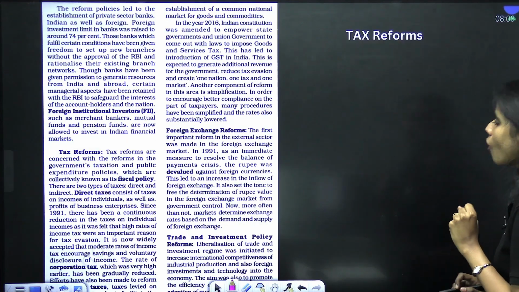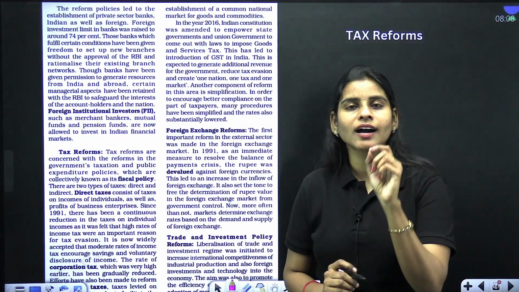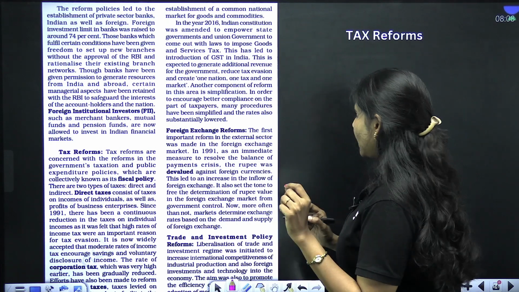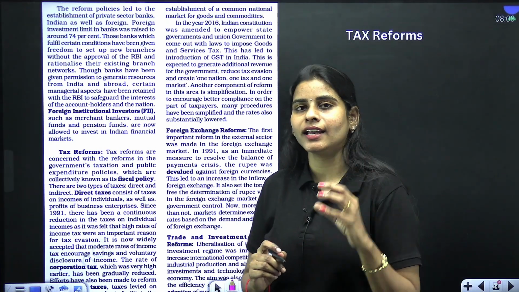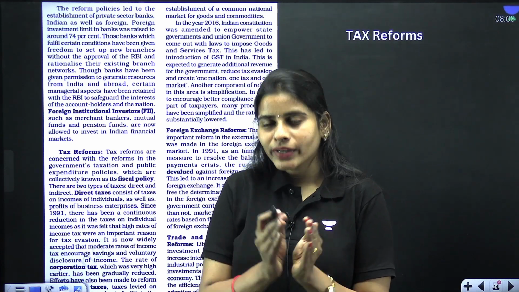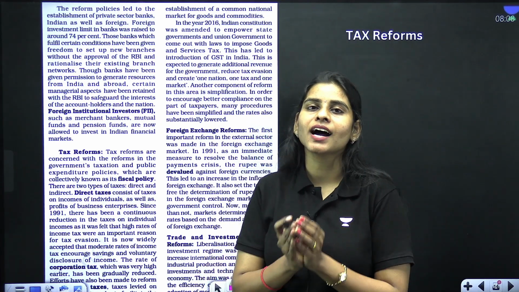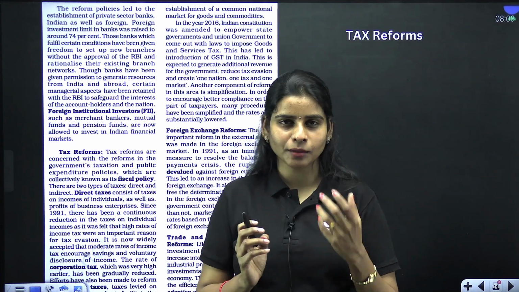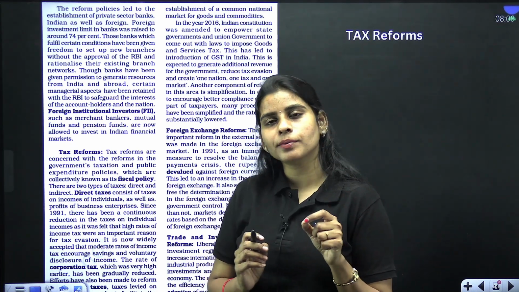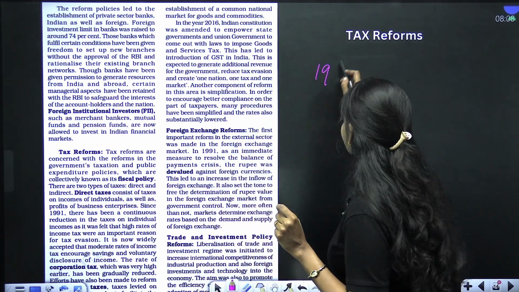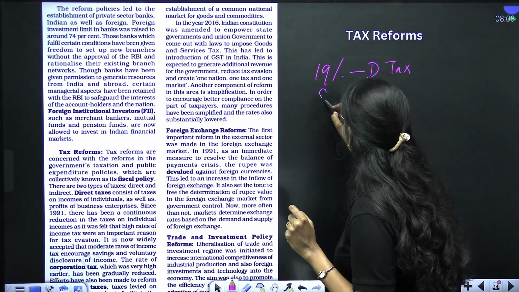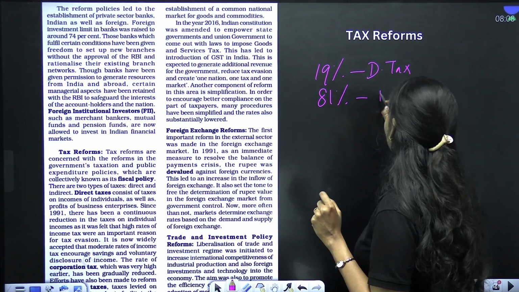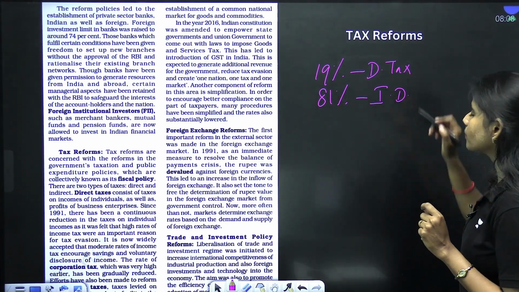And now moving on to the tax reforms, you have to remember that the amount of direct tax collection in India was very low compared to the total amount of indirect tax that we collected at that period of time. Say, for example, if we had 19% of the tax revenue from direct tax sources, we had 81% from indirect tax.